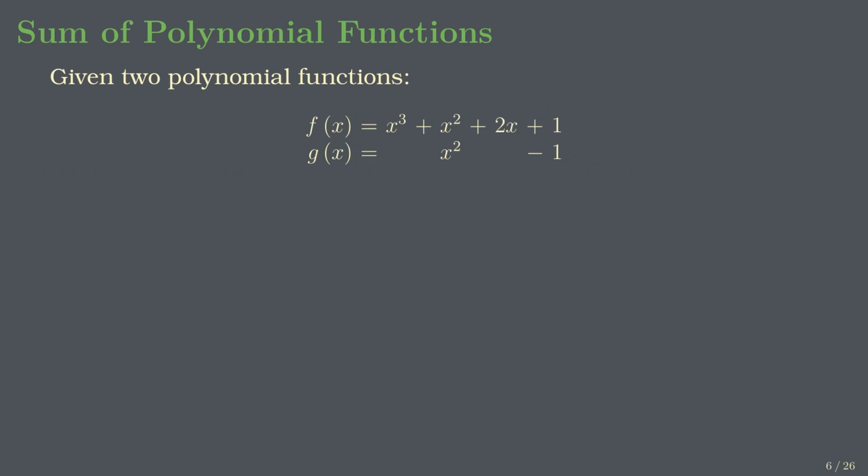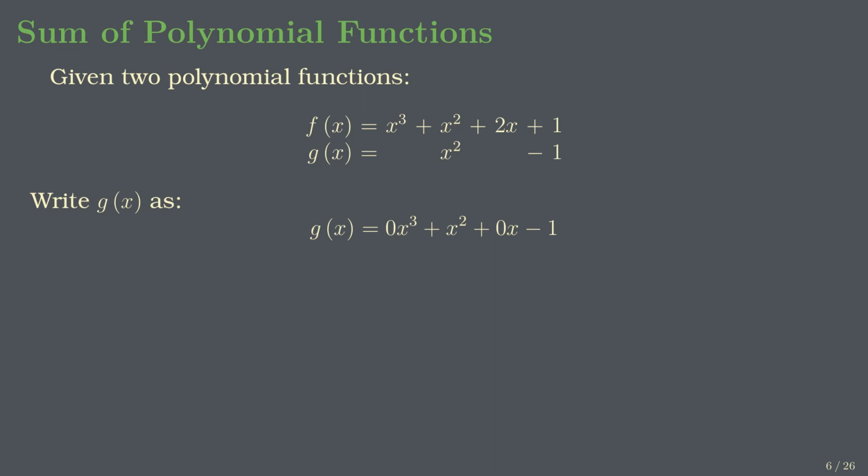But from time to time, you might be given two polynomial functions with unequal numbers of terms, like in this case. So in order to apply the exact definition of the sum of polynomial functions, you might want to write g of x by adding the necessary zero terms.